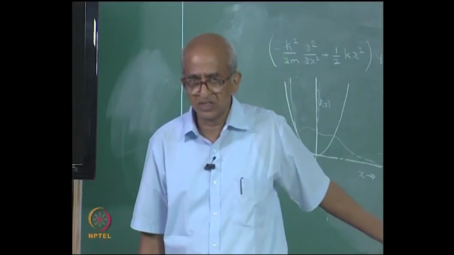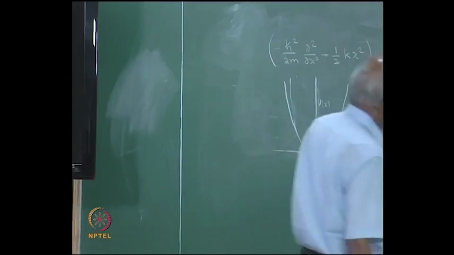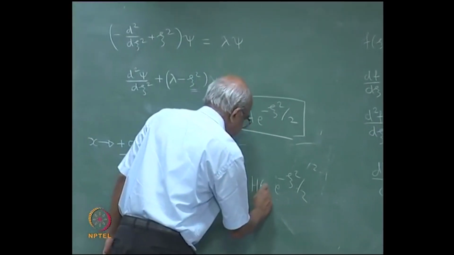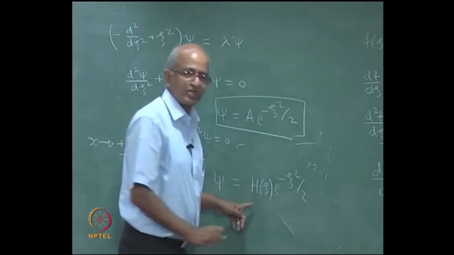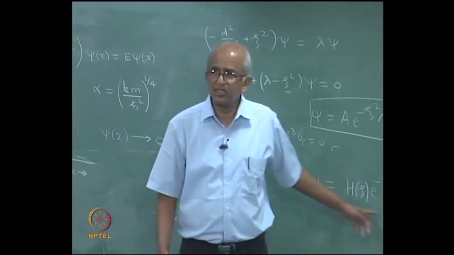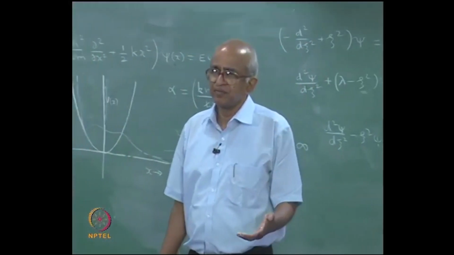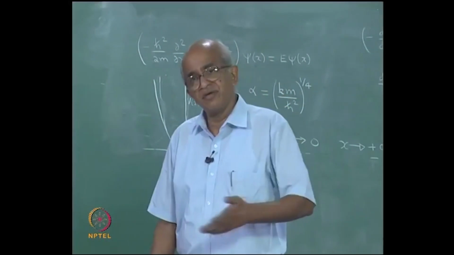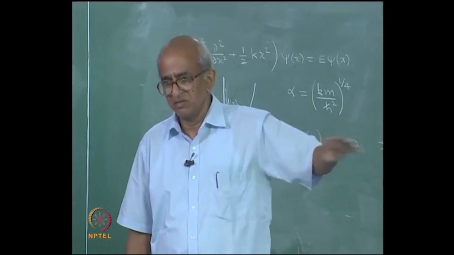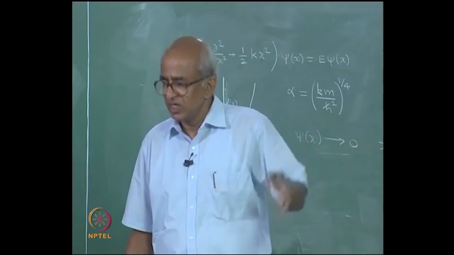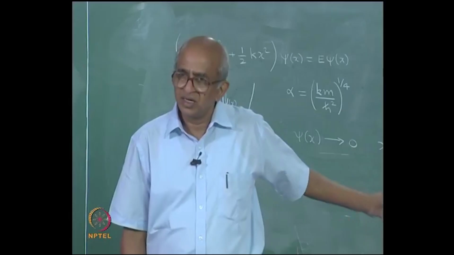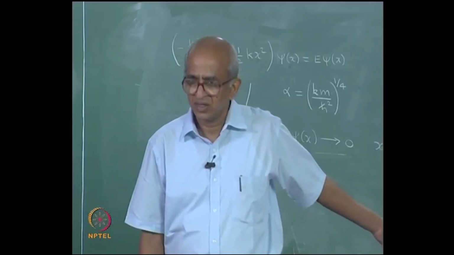Definitely it is not a solution, but maybe what I can do is replace this constant by a function of c, h. What will this function do? It will adjust things in such a fashion that this product will become a solution everywhere, not only when c is very large, but even when c is very small, this h will see to it that that is a solution.